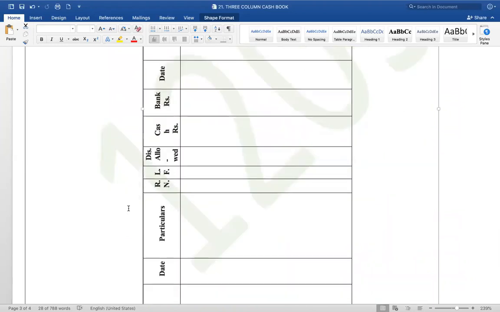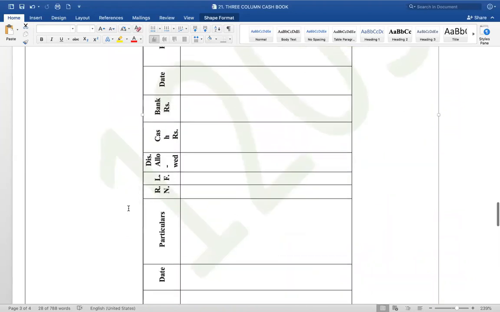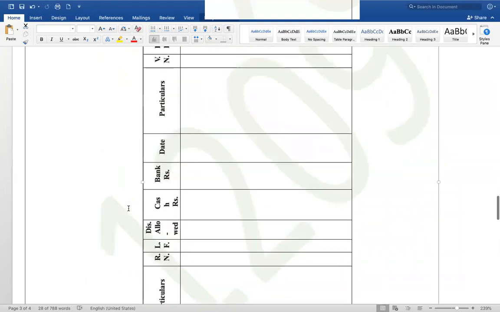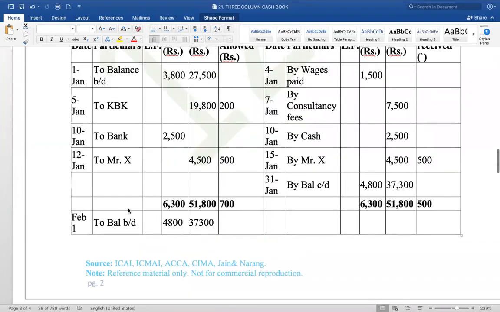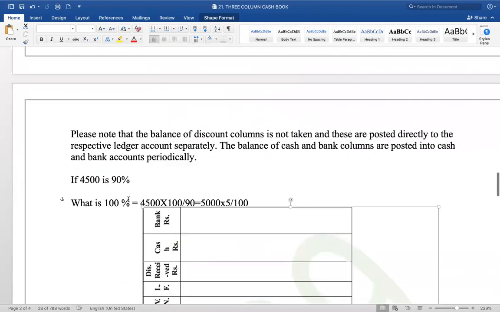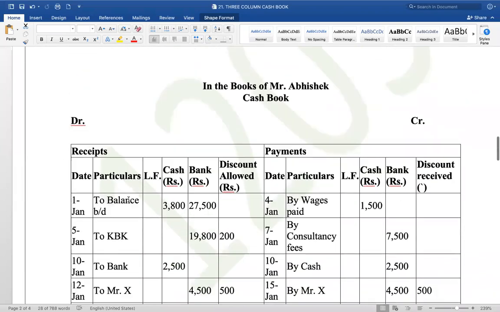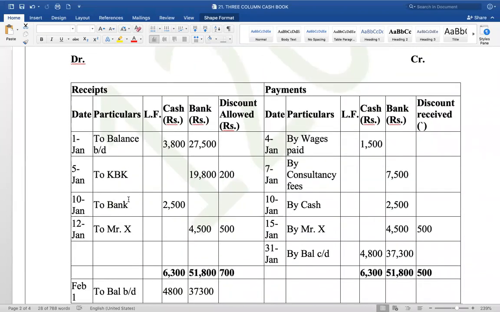I have given you the format so that you don't misunderstand. Actually, this is the format. I was not able to show you like this in the previous class, so I have done this. Do you understand? I have deleted receipt number and voucher number intentionally. Don't get confused.